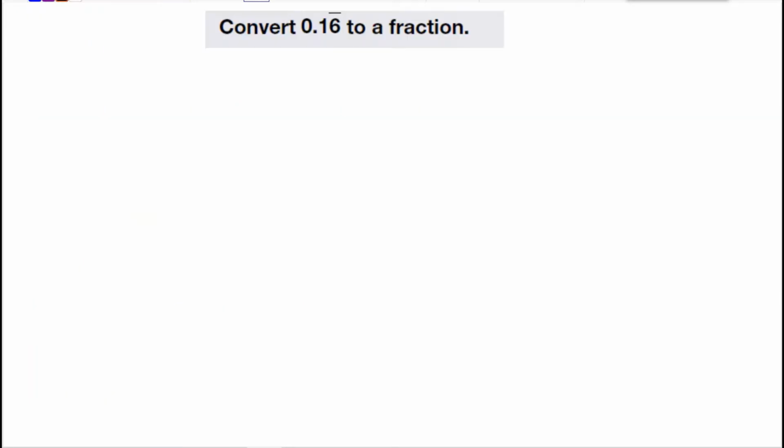So let's practice. We want to convert 0.16 to a fraction. So we need to have three equations. The first one is to put it into an equation. So we say f is equal to 0.16. And since that line is only above the 6, that means it's only the 6 that is repeating.